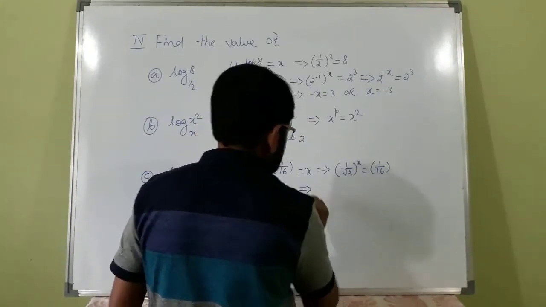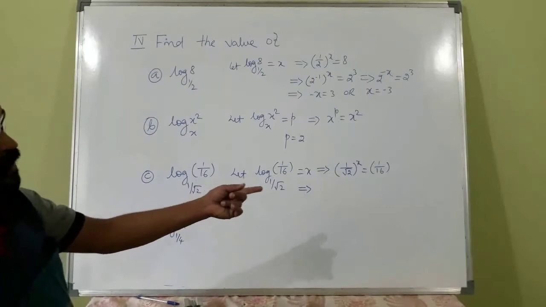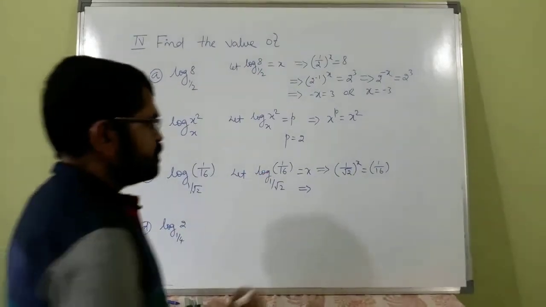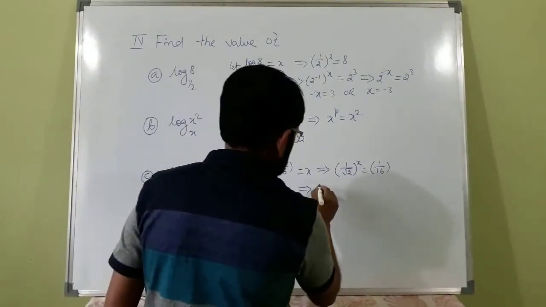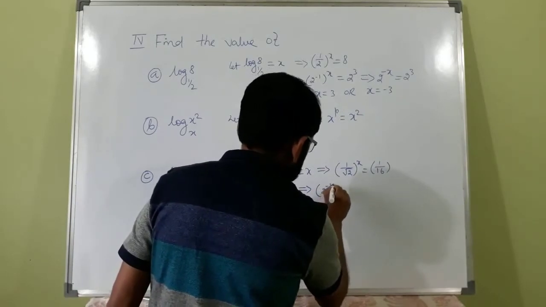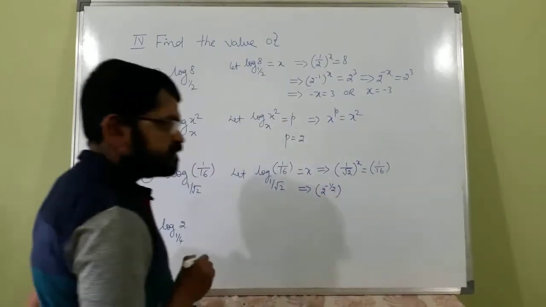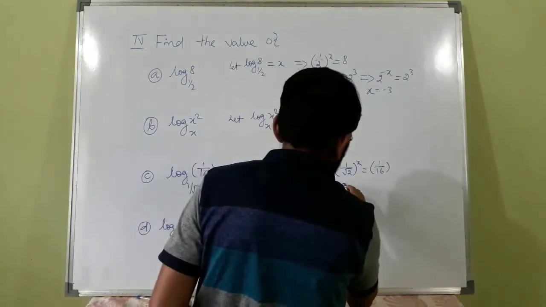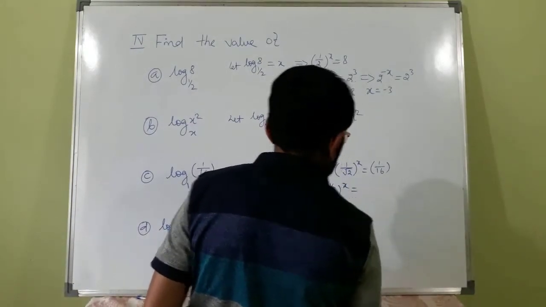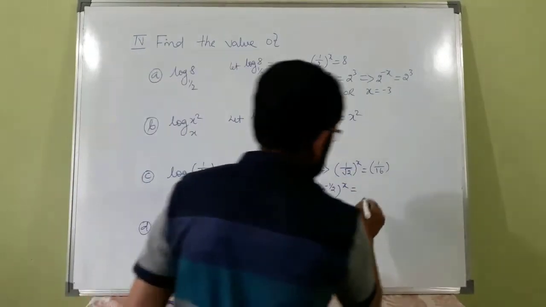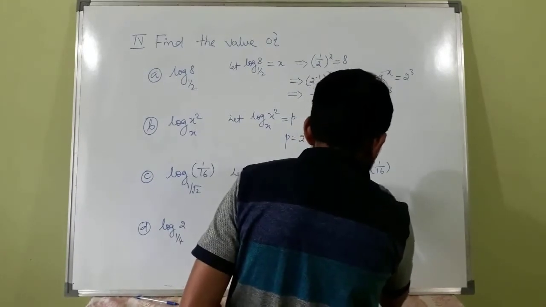This implies 1 by root 2 means 2 to the power minus half. So 2 to the power minus half, all to the power x, is equal to 2 to the power minus 4.